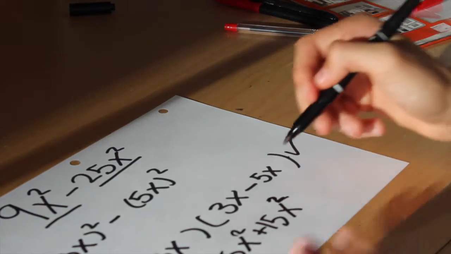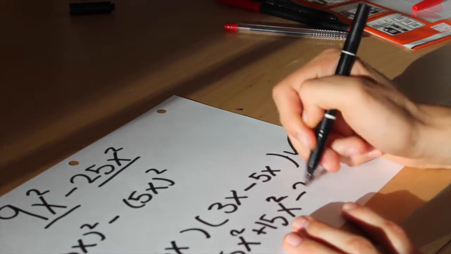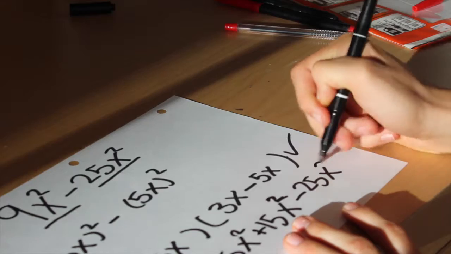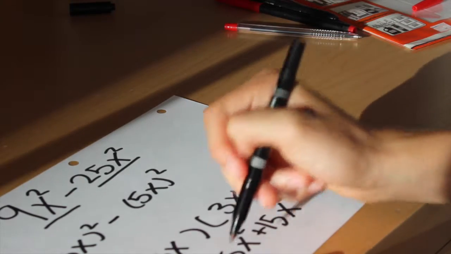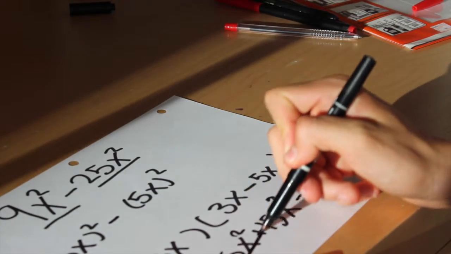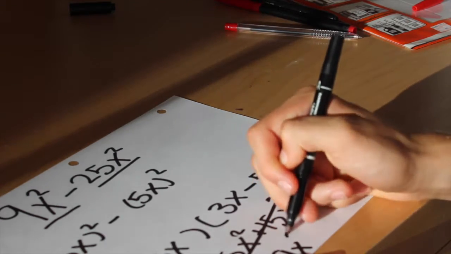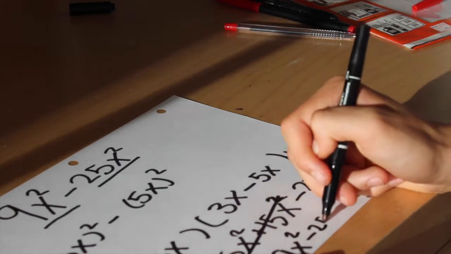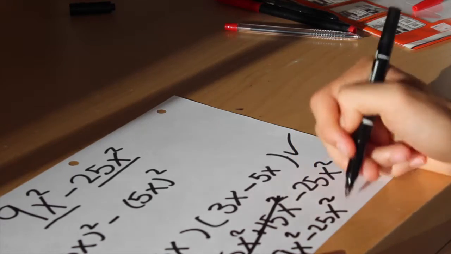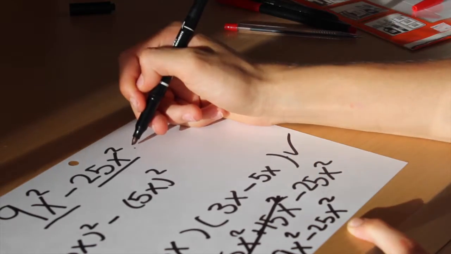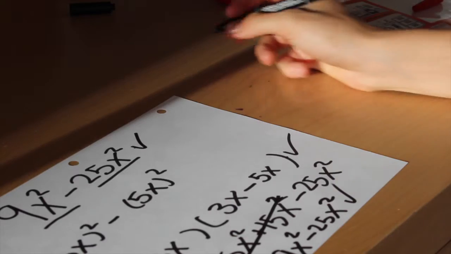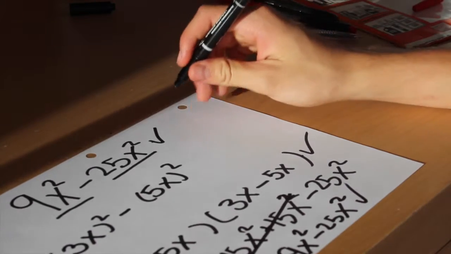And then 5x times negative 5x is negative 25x squared. These cancel out because one is positive and one is negative. Therefore, leaving you with a final answer of 9x squared minus 25x squared, which is the same as the problem we started with. Therefore, all these are right, and the square rooting works.